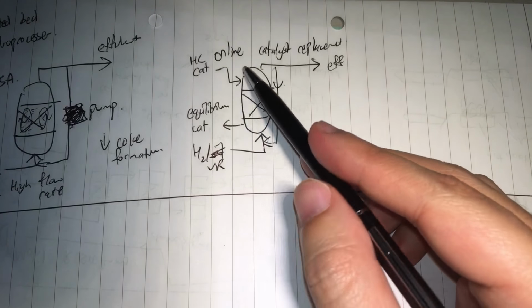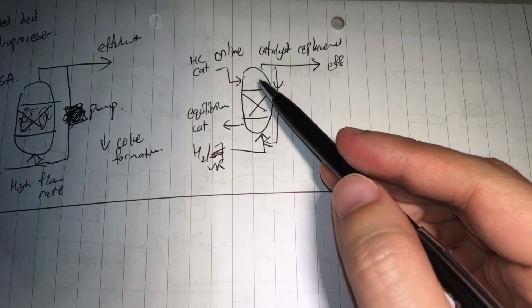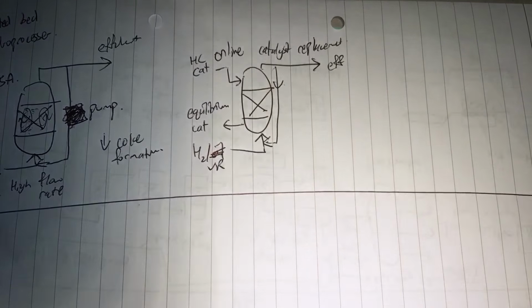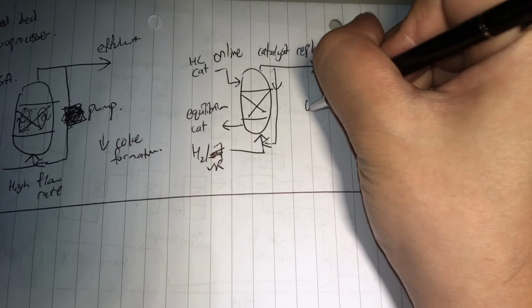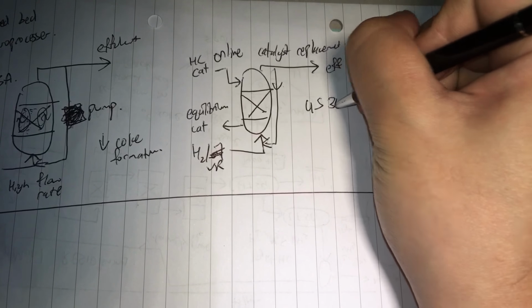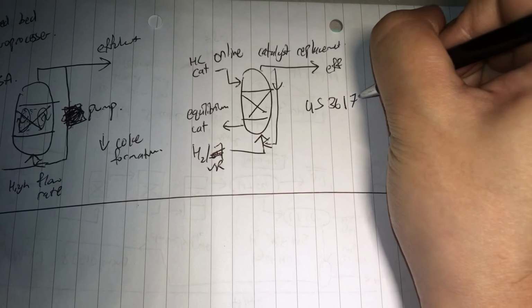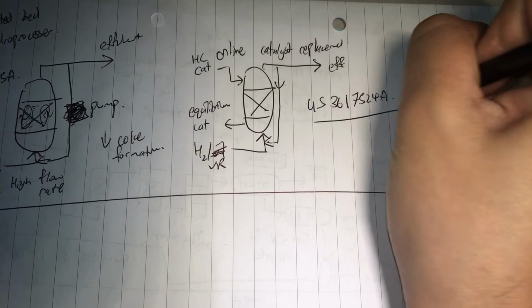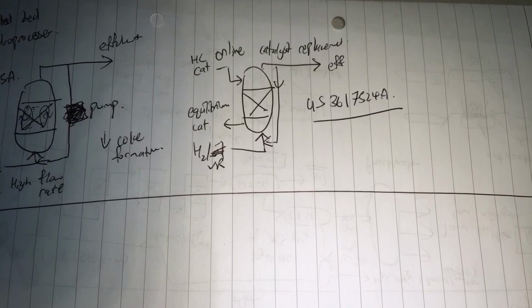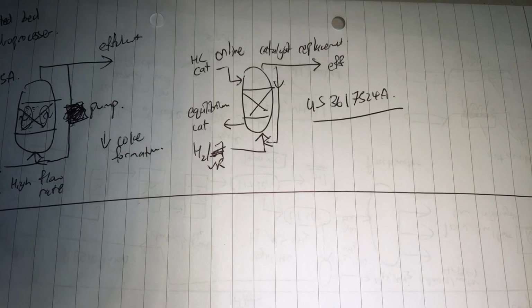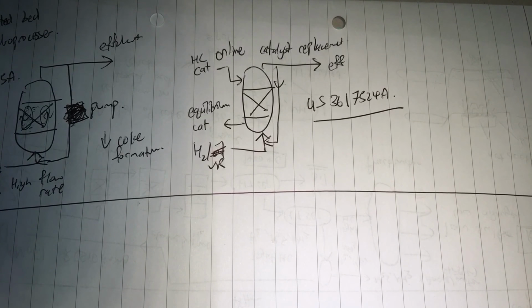So similar to the FCC unit, a fluidized catalytic cracker, you can refuel it online. Okay, so this idea was discussed in the patent US 3617524A, which talks about the online catalyst replacement of the Ebullated Bed Reactor.